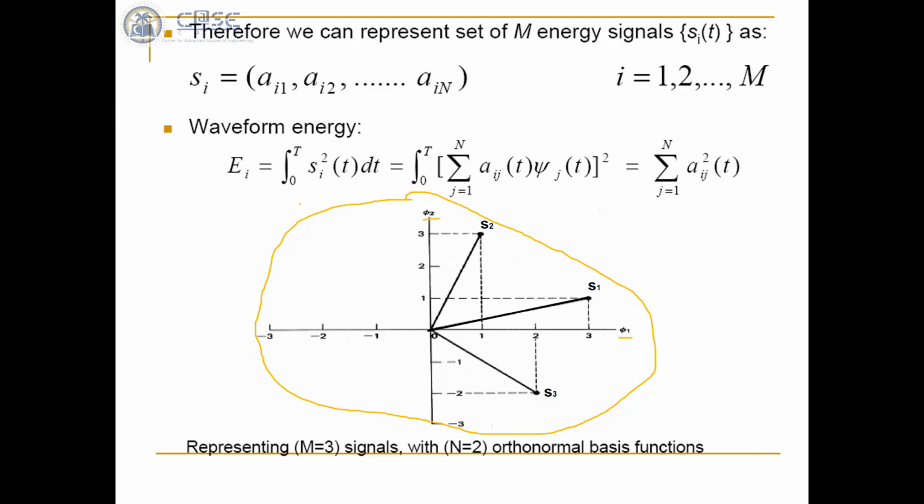If you would like to calculate the energy of a signal using the basis functions representation, you may substitute si of t equivalent to the summation of aij times psi j of t over all the basis functions and the contributions. Take the square of the whole term and integrate to get the energy of the signal.